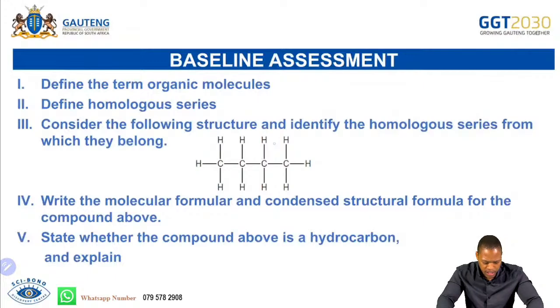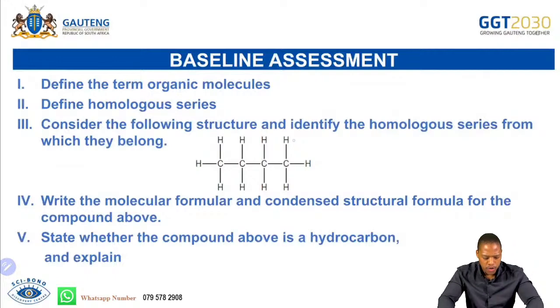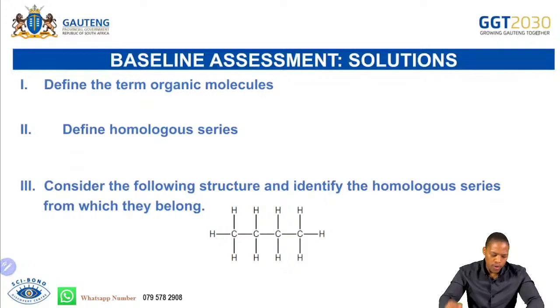And then the last question says, state whether the compound above is a hydrocarbon and explain why you say so. So by looking at the structure above, are you saying this is a hydrocarbon? And if the answer is yes, then you must explain why you think this structure is a hydrocarbon.